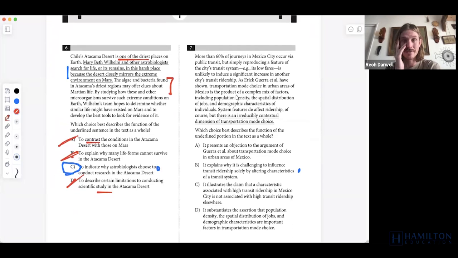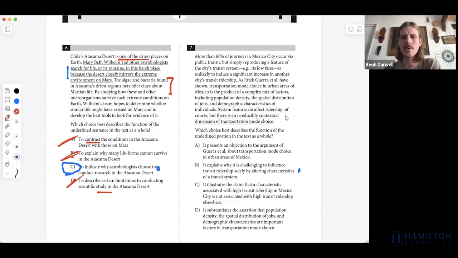We have a lot of kind of superfluous information here. And we also see things like there is an irreducibly contextual dimension of transportation mode choice. All right. You have to translate that. They put that in there because the SAT is mean. They want you to miss questions which are otherwise altogether easy because they don't want you to see long passages because they want you to think that the test is easier than it actually is.